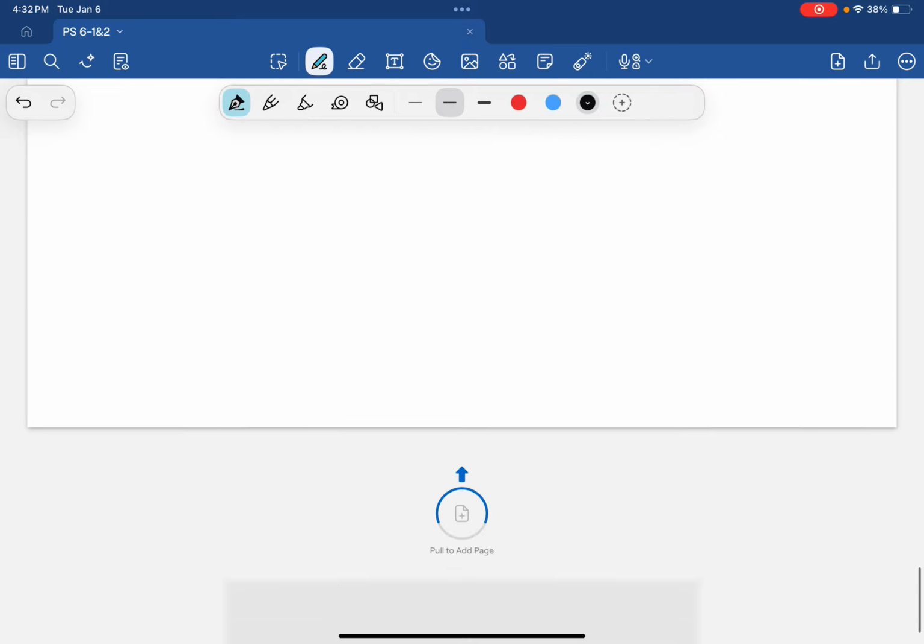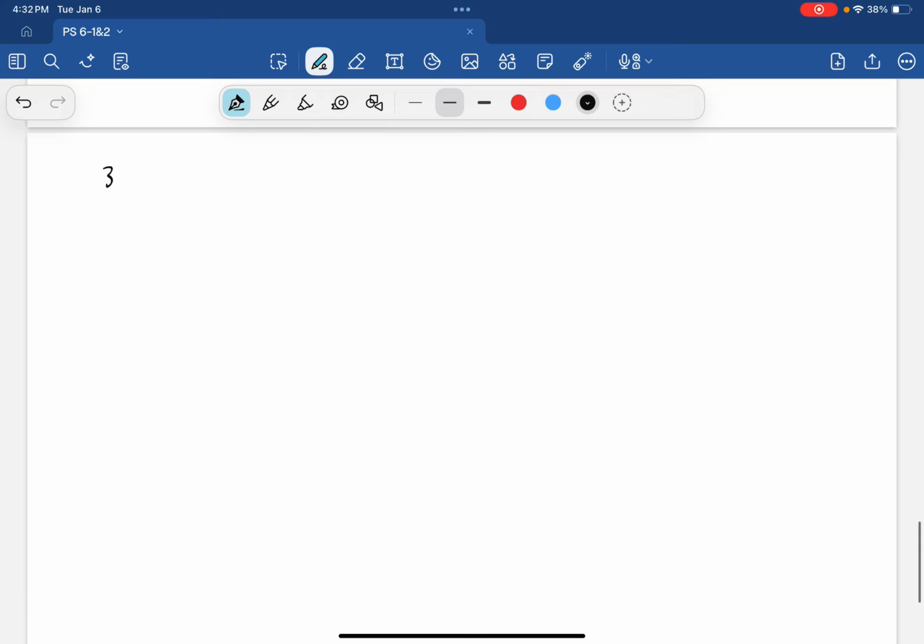Okay, let's do question 3 now. Solve for all the angles and sides of the triangle. Okay, what do we have here? Looks like, say this is 35 degrees.